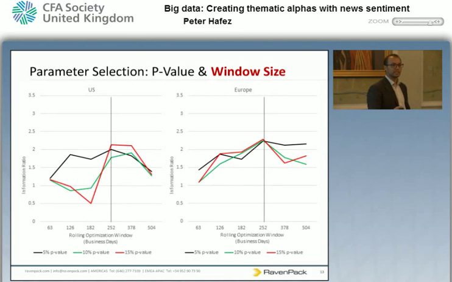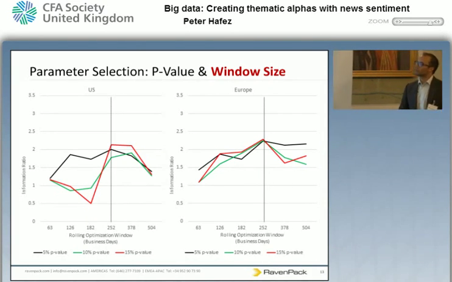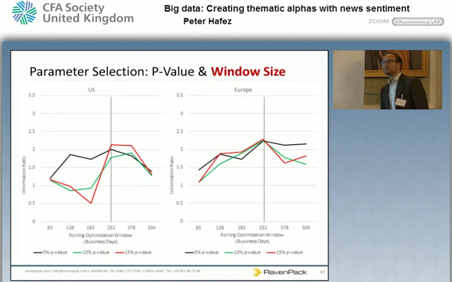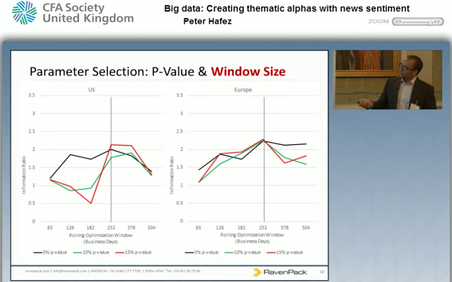For small cap, interestingly, you want to look back a lot more. You end up with something like 500-600 alphas, so still quite a large amount, but as I mentioned, it can change over time. So first, the window size. We found that for small cap, you wanted to look back longer.